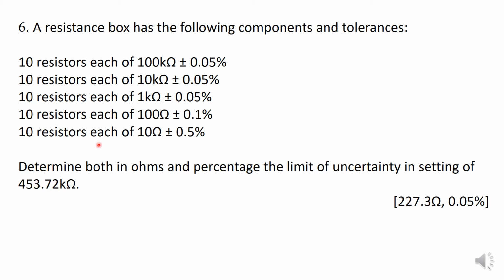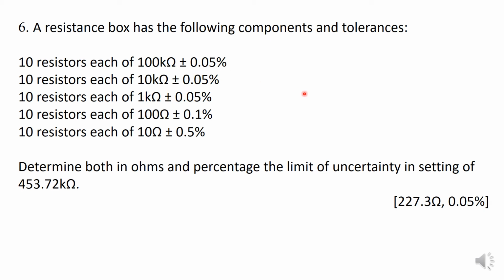So now we want to get this value. 453.72 kilo ohm means that you have to pick several resistors from this fixed value of resistors to form this value, meaning that you should get 5 types of resistors from the box.